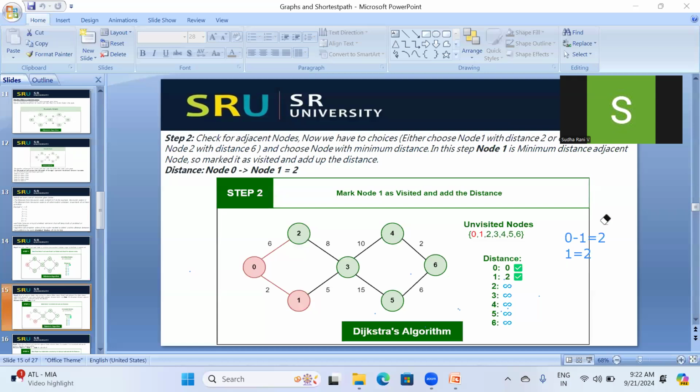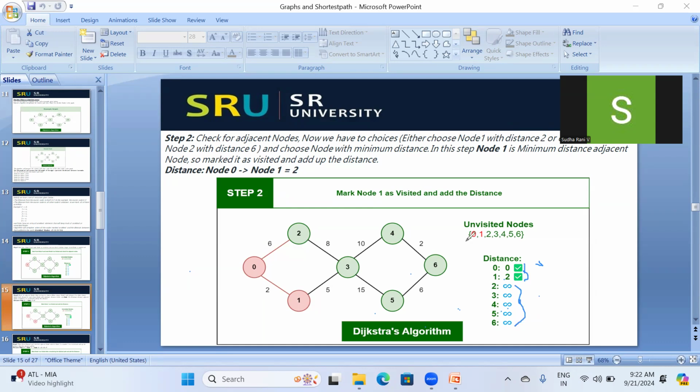So now we have traversed node 0 as well as 1. We traversed node 0 to node 1. These two nodes are now called visited nodes. All the remaining nodes are still unvisited nodes.